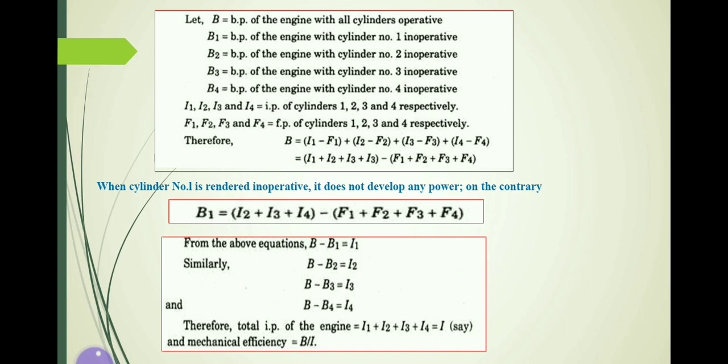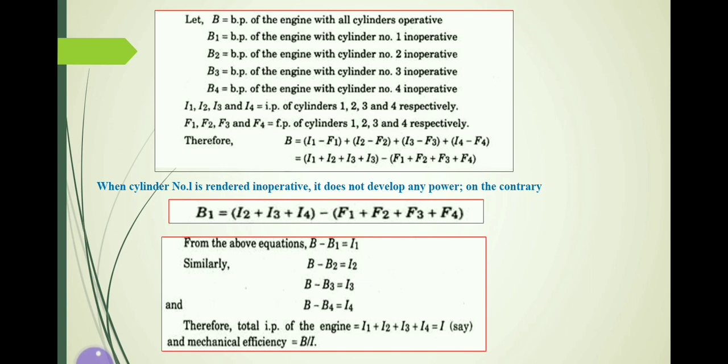So the formula is B1 equals (I2 + I3 + I4) minus (F1 + F2 + F3 + F4). Here F1 will not be 0 because the engine is running but power is not produced, which means friction still occurs inside cylinder number 1. That's why indicated power will be 0 but friction power is not 0. It will be the same as it is.